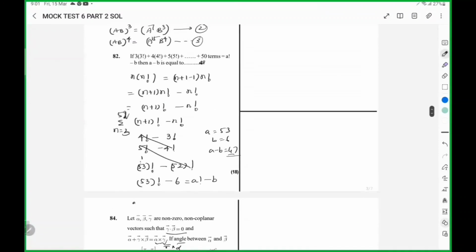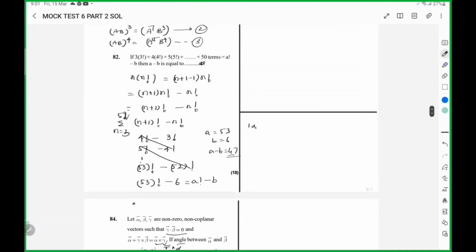So mod of alpha square is mod of (alpha minus beta) into gamma. Squaring both sides, we get mod of alpha square is mod of alpha square plus 2 alpha dot beta.